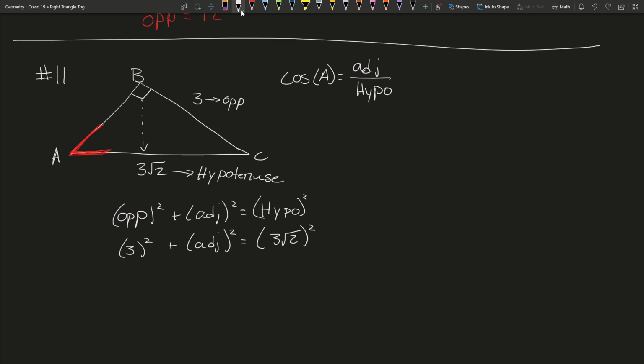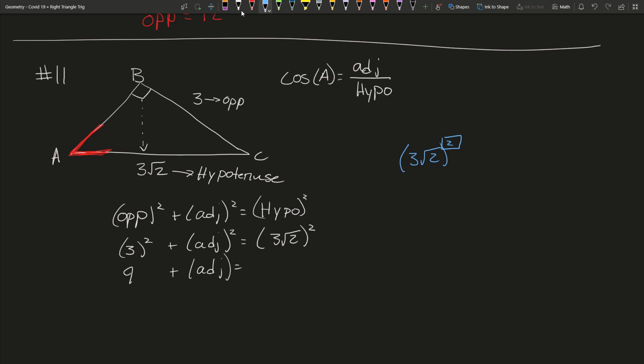Okay, and then we have to solve for that adjacent side. So 3 squared is 9. And then we have to simplify this 3 root 2. And I'm going to do this on the side so you can see what's actually happening. This 3 square root of 2 squared, again, this 2 tells us how many times we're multiplying that thing in parentheses by itself.